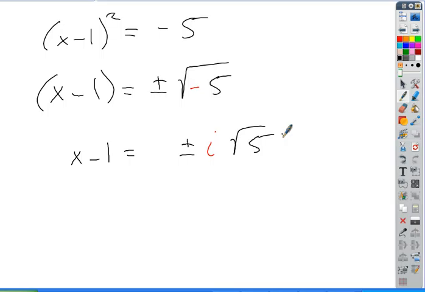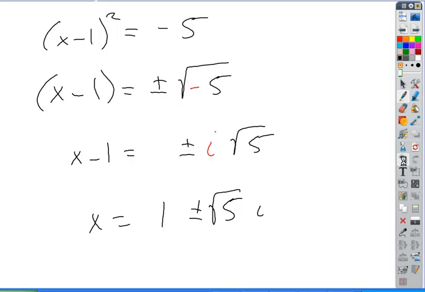I could say plus or minus i radical 5 plus 1, but it's easier when we're adding or subtracting from both sides to put that number in front of the plus or minus. So our final answer, x equals 1 plus or minus, I'm going to flip these around for just a second. And it doesn't matter. Either way is fine.